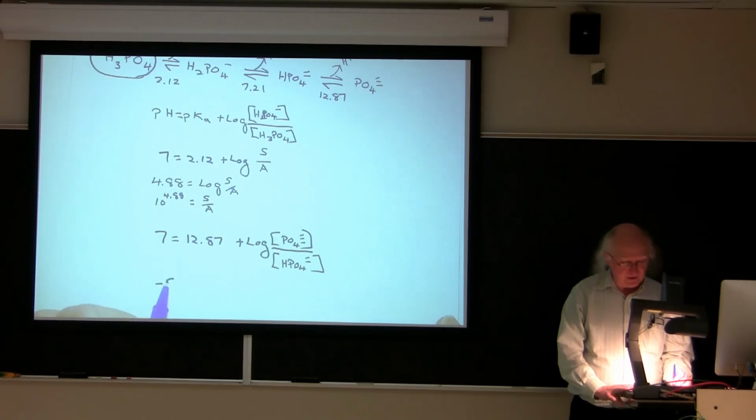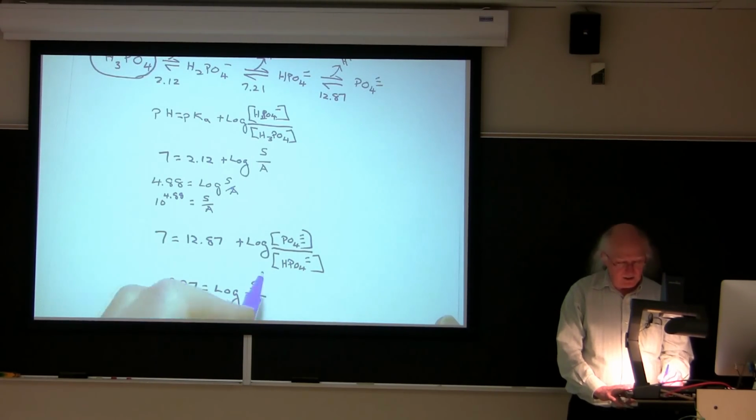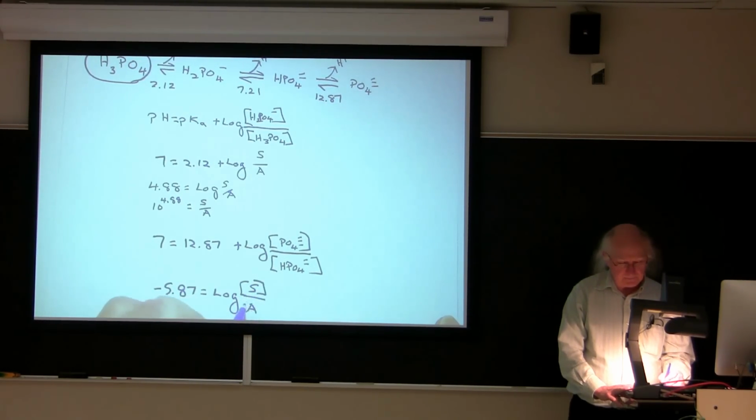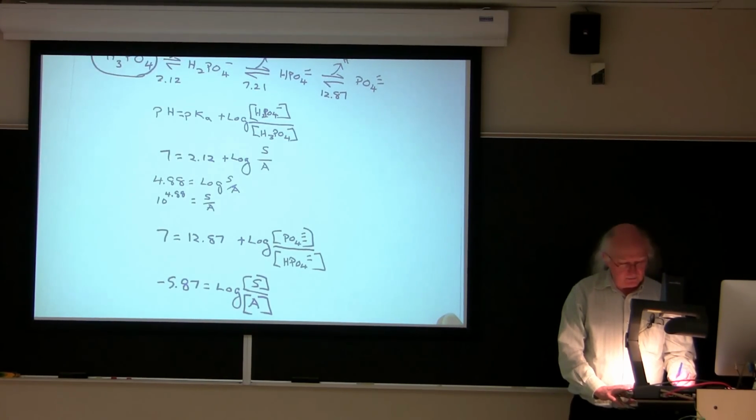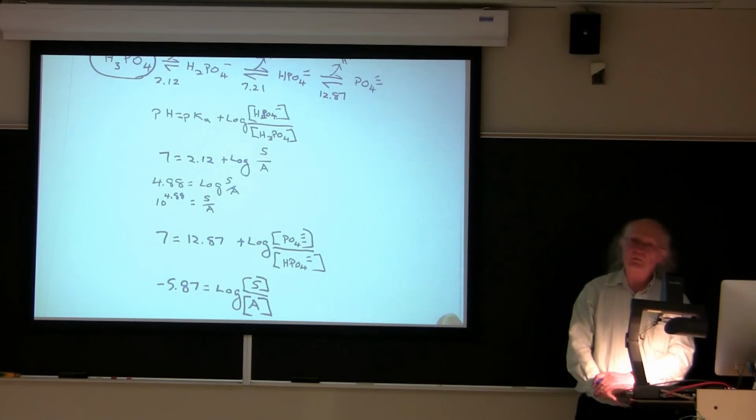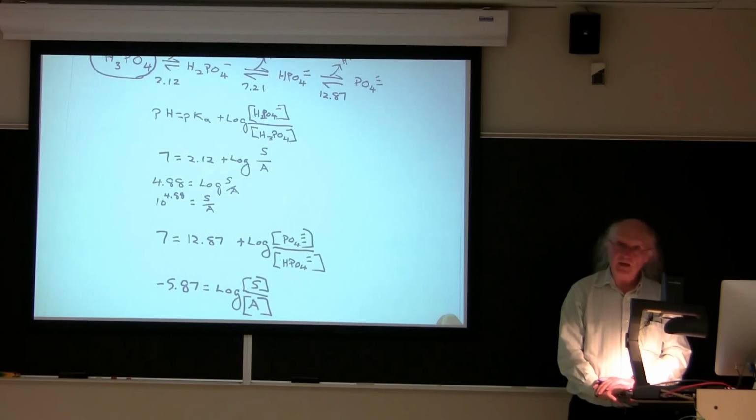Well, doing all this, we see that minus 5.87 equals the log of the salt, which is the PO4 minus minus minus, divided by the acid. And, of course, these are concentrations again. And 10 to the minus 5.87 equals S over A. Well, 10 to a negative exponent means that the number is less than 1.